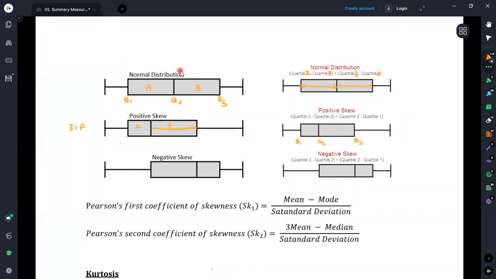Here, if we are having two equal parts, it is normally distributed. If the right side box is somewhat larger than the left side box, then it is a positively skewed distribution.